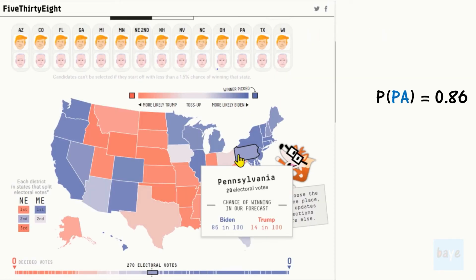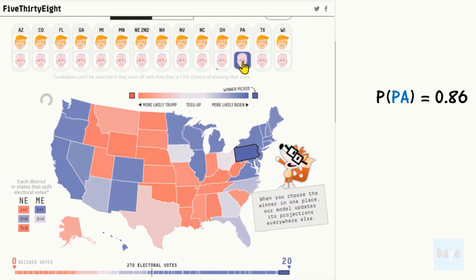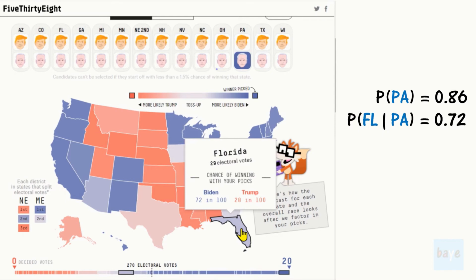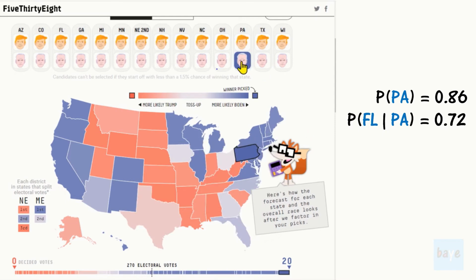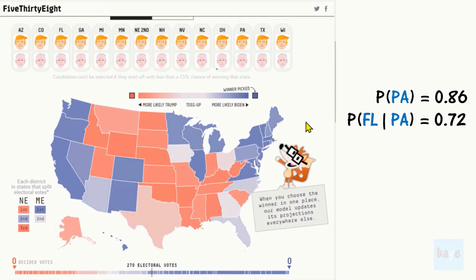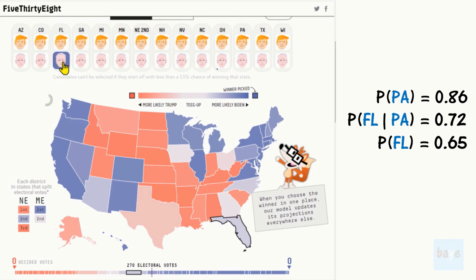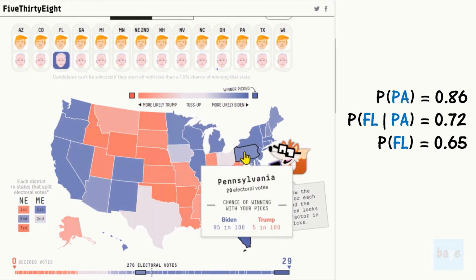If Biden is to carry Pennsylvania, then his chance of winning Florida is 72%. However, if we do not know the results of Pennsylvania, then Biden has 65% chance of winning Florida. If Biden carries Florida, then his chance of winning Pennsylvania rises to 95%.